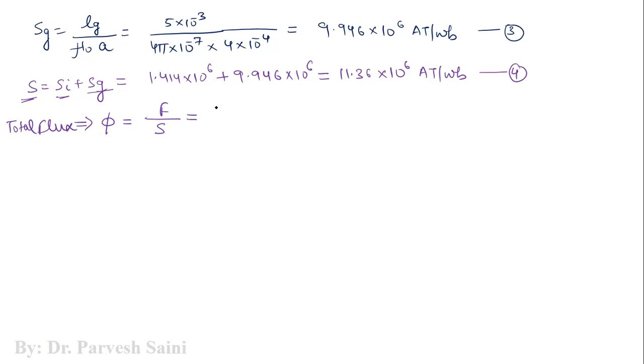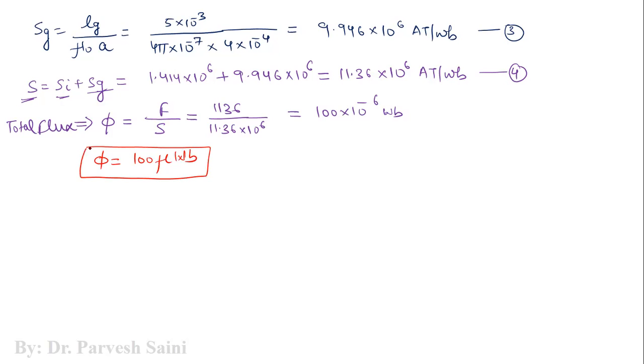Total mmf is equal to 113680, and total reluctance is 11.36 into 10 raised to the power 6, right? So on solving this, we have the answer which is equal to 100 into 10 raised to the power minus 6 Weber. So that means the answer to this question is phi is equal to 100 micro Weber.